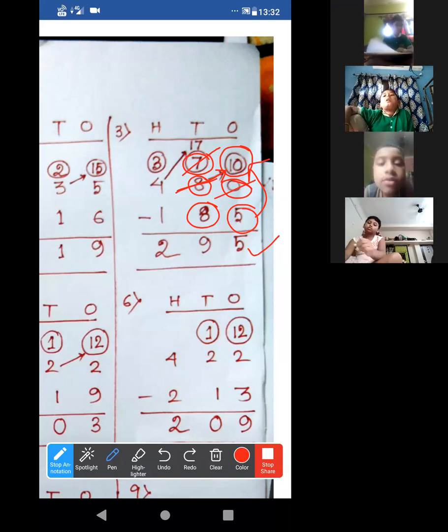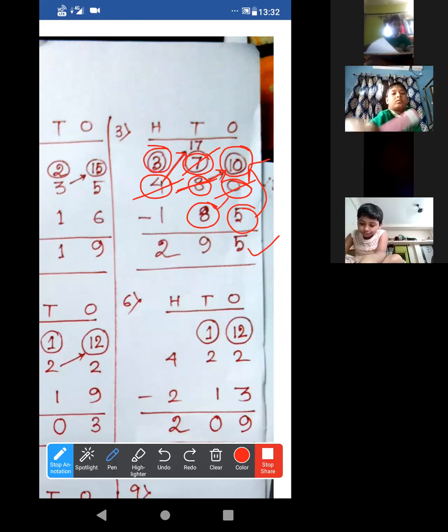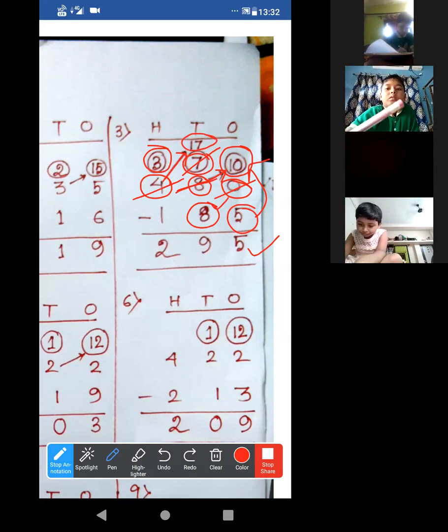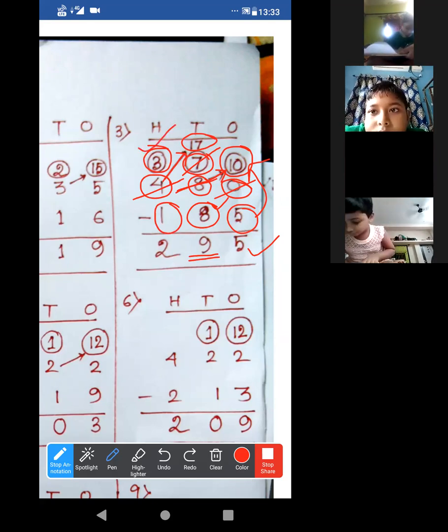Look, we have borrowed again 1 from this 4. Basically from 400 we have taken 100. So how many hundreds are remaining? 3. Cut, and 3 is remaining over there. Now after 8, start counting till 17. It will be 9 places. And after 1, start counting till this 3.